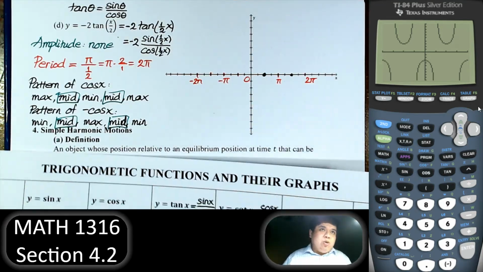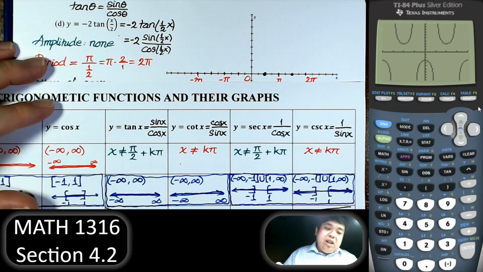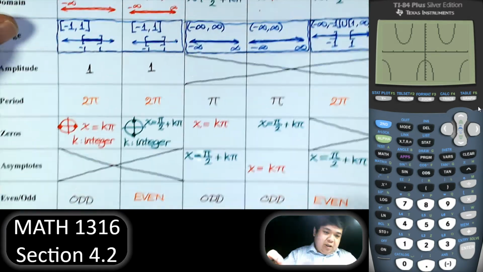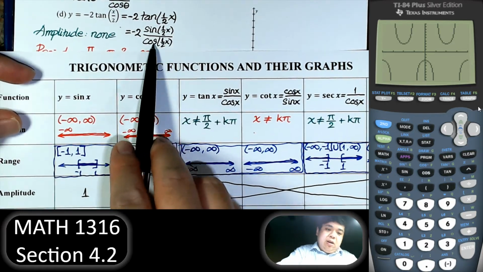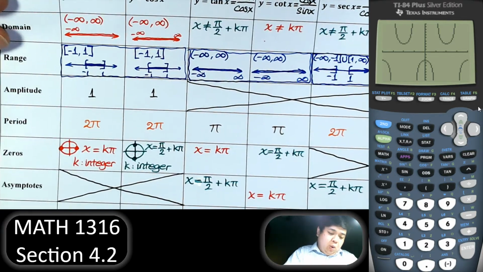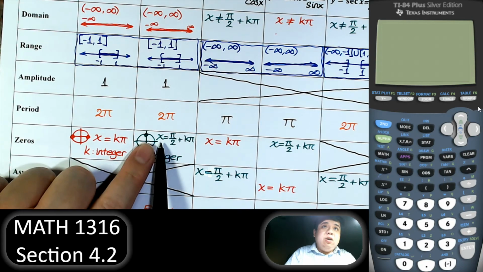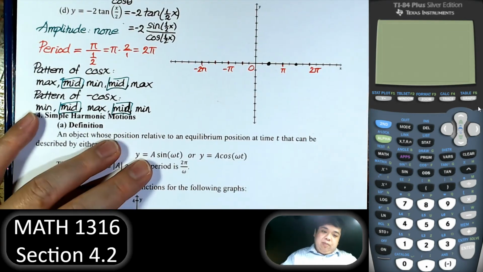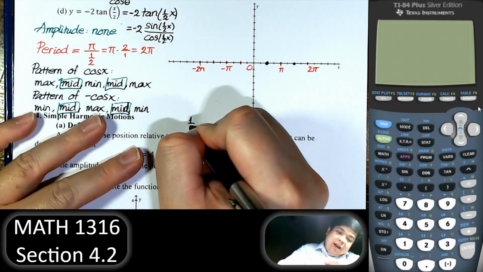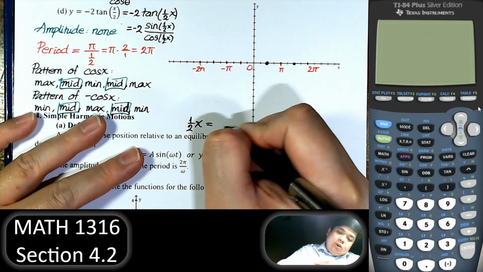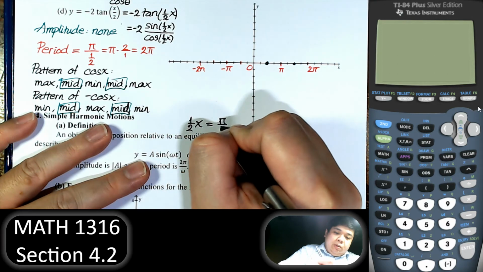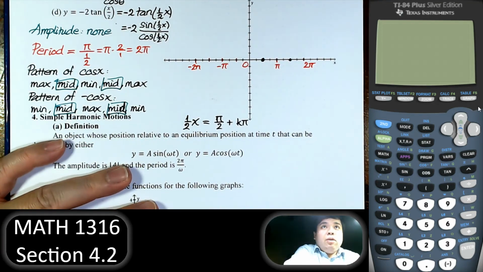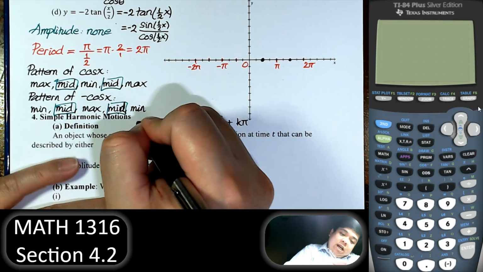So we have to go back to see that table. For tangent and cotangent, we just need to know where cosine is equal to 0, where the function is undefined. Cosine equal to 0 is pi over 2 plus k pi. Never mind, this might not be as helpful, because that is cosine of x, and we have to focus on the cosine of 1/2 x. The asymptote is where the denominator equals 0: cosine equals 0 when the angle equals pi over 2 plus k pi. So we have 1/2 x equal to pi over 2 plus k pi.